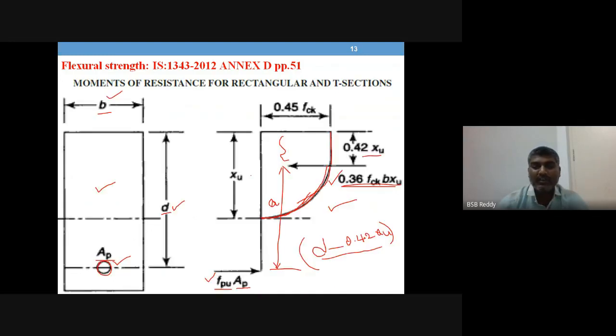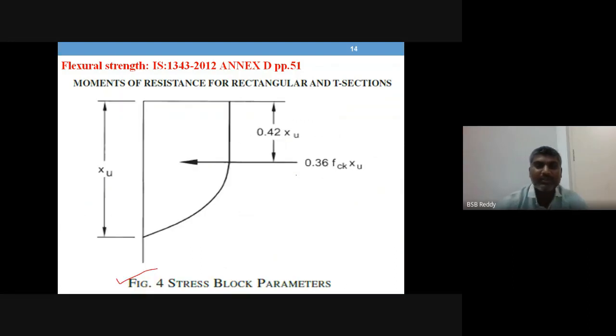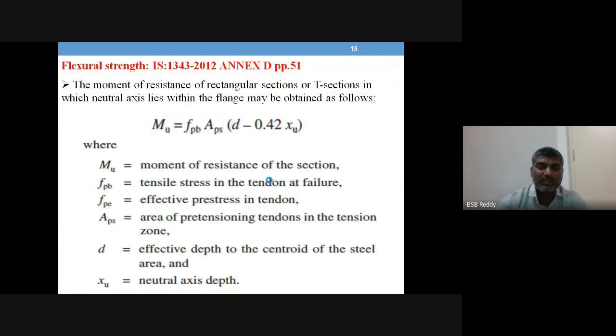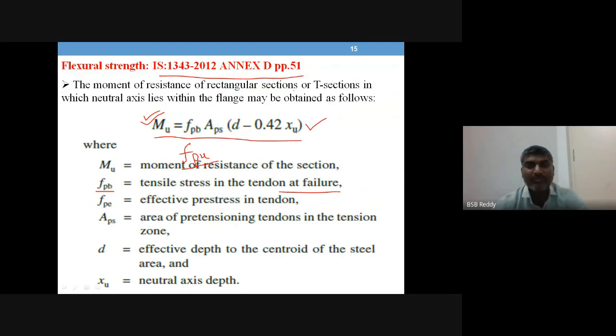As I said, fpu is taken from the textbook diagram, which uses fpu and Ap as notations, whereas this formula is written from the IS code. You don't need to remember this formula. It is available in Annexure D, page number 51 of your IS code.